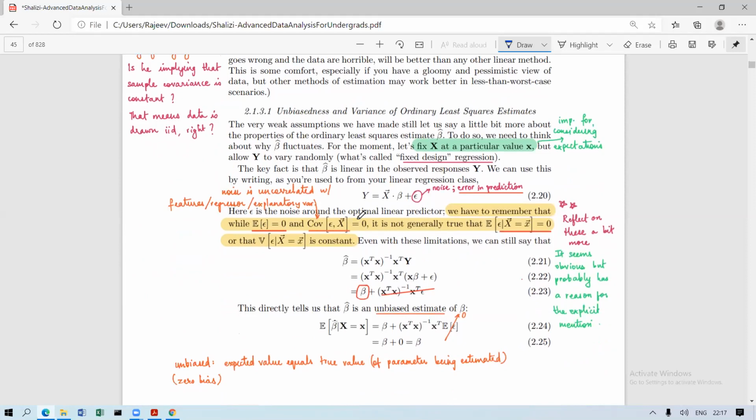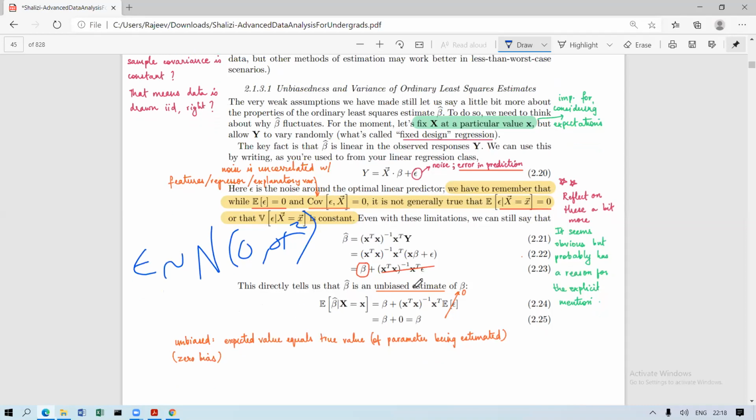Now what he's saying is, this was the equation, and as I said, it is not generally true that this is equal to 0 or this is constant. But when is this true? In linear regression, you'll always make such an assumption that epsilon comes from a standard Gaussian, then this assumption is validated, that the best model to fit Y is the linear model.